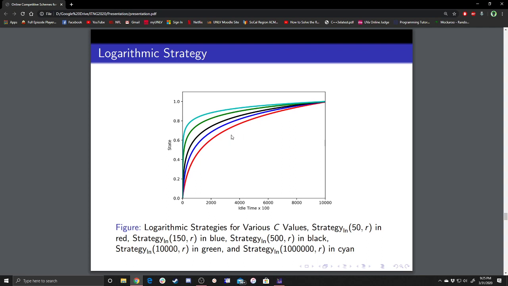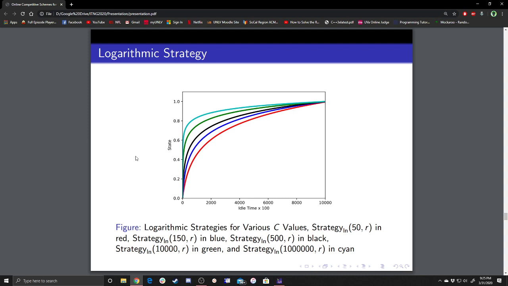All of these have the same pattern, but for a small C value, for example 50, this red curve transitions to lower power states at a slower rate than the cyan. So we have several C values, and those C values determine how fast they're going to switch to lower power states.